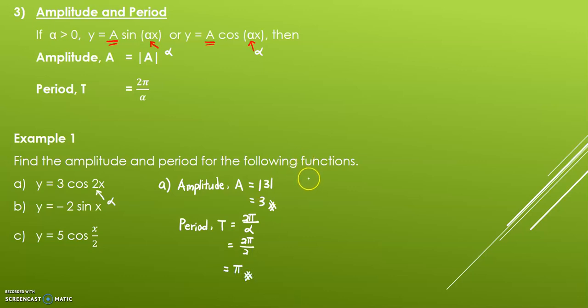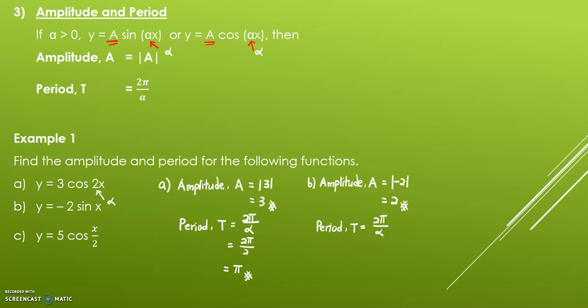Now we look at question B. Amplitude, or the symbol A, is the value in front of the trigo. So here is negative 2. So modulus of negative 2 will be equal to positive 2. Next, period, or T, is equal to 2 pi over alpha.